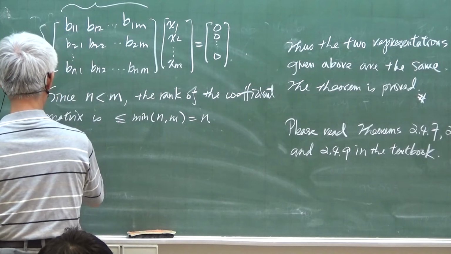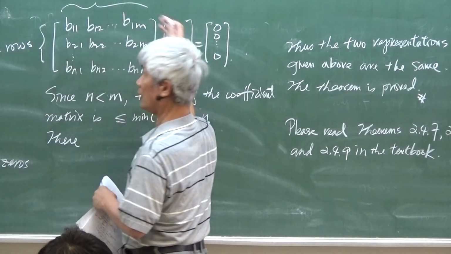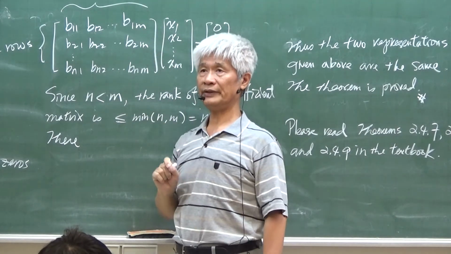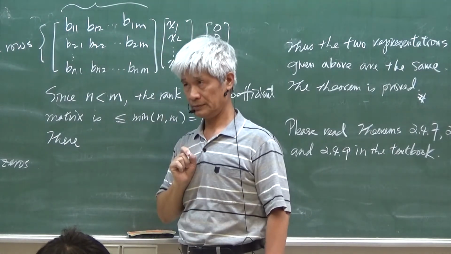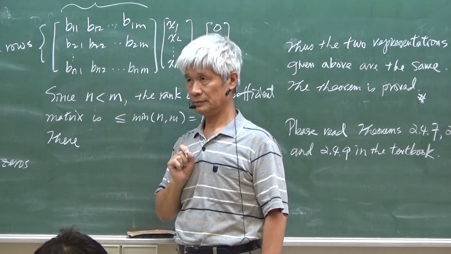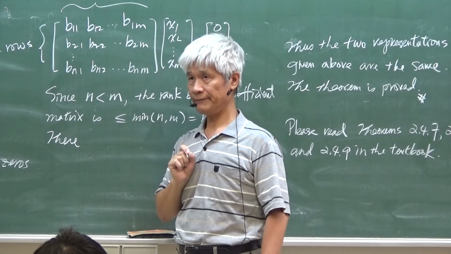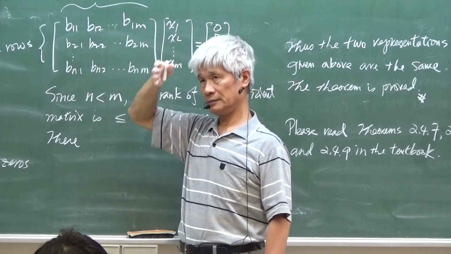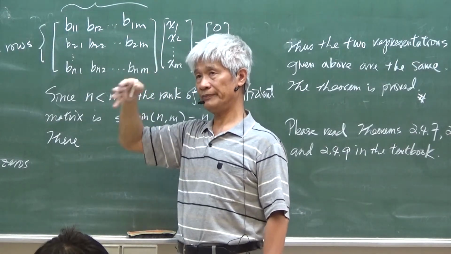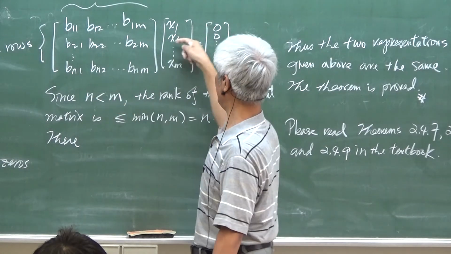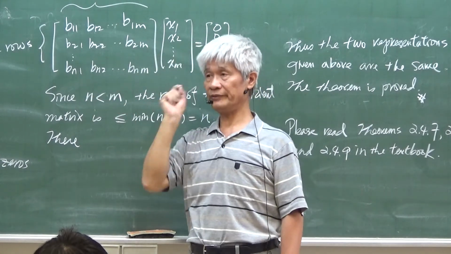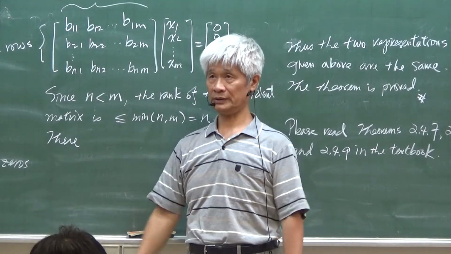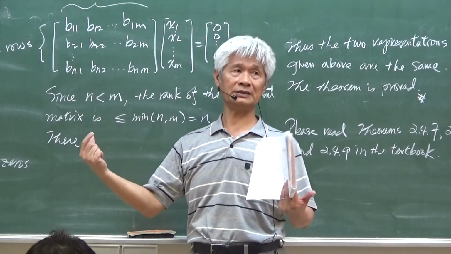But we have more columns. So some columns may not have any pivot. Okay? And for those columns without pivot, the corresponding variable can be set to be free variables. And then we have a lot of solutions. Actually, infinitely many solutions already.